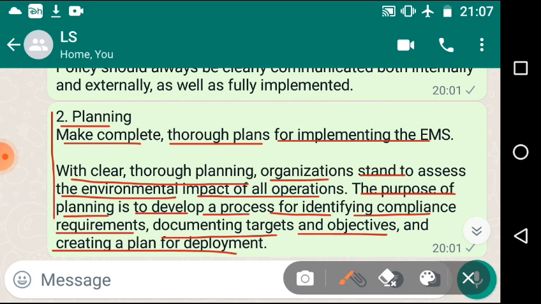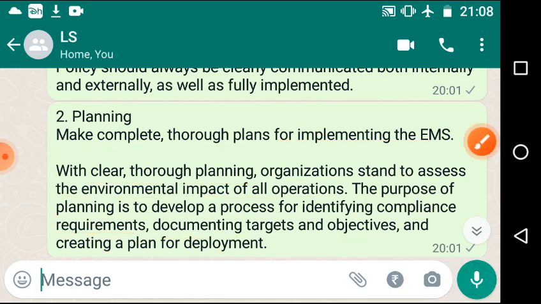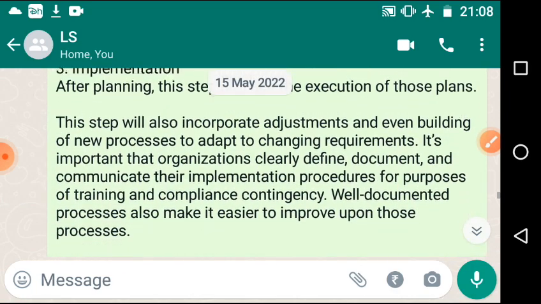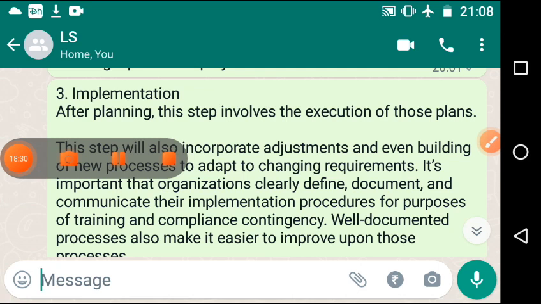But at the same time, we will not only stop that work, but we will also try to use them in another way. Here deployment normally means to move from one position to another, within the same group of companies or organizations. So planning helps the organization to clearly understand and assess its environmental impacts.